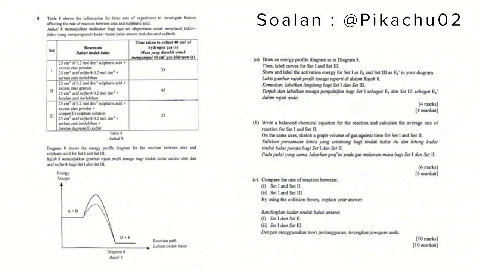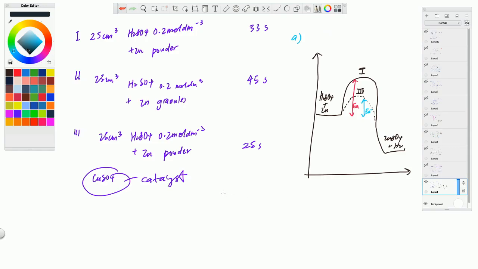Okay, so write a balanced chemical equation for the reaction and calculate the average rate of reaction for set 1 and set 2. So A, it's so nice. So write a balanced equation. Sulfuric acid and zinc, zinc sulfate and hydrogen. Okay, so rate for experiment 1 and for experiment 2.